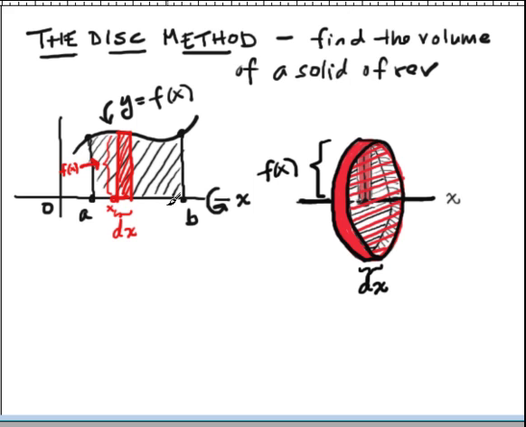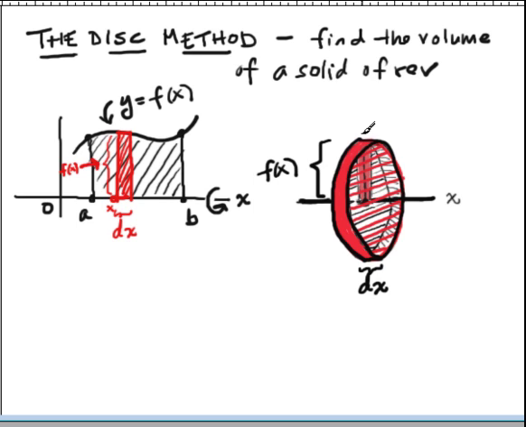In this picture, we removed the red rectangle. We isolated it over here. You see it inside this disc. We spun it around the x-axis, so that's the resulting disc. It sort of looks like it's in the shape of a penny standing up on its side. Let's take the volume of this disk.